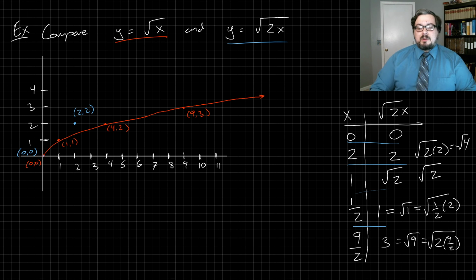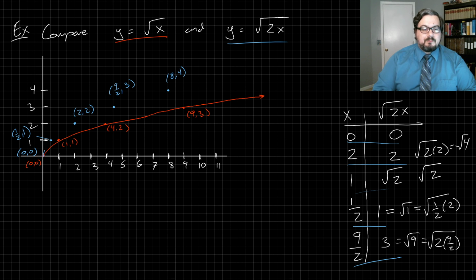I'm going to go to the point 1/2, 1. There's the point. Let me try to keep things relatively clean. There's the point 1/2, 1. And then the point 9/2, 3. Now 9/2 is 4.5. So we have this point 9/2, 3. And in fact, we can do more. We can get the point 8, 4 here also.